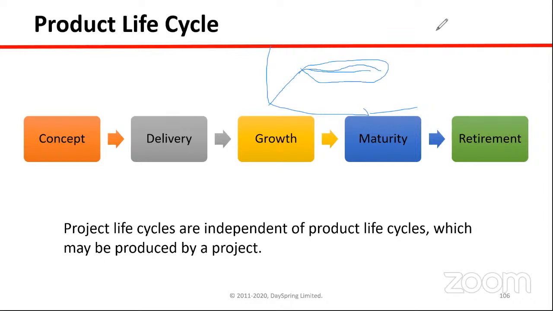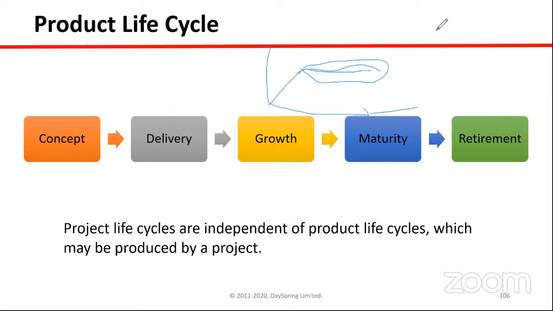You have mentioned here that project life cycles are independent of product life cycles. What does it mean actually? Those two are two separate things, not the same thing. Product life cycle is talking about product, and project life cycle is talking about project.